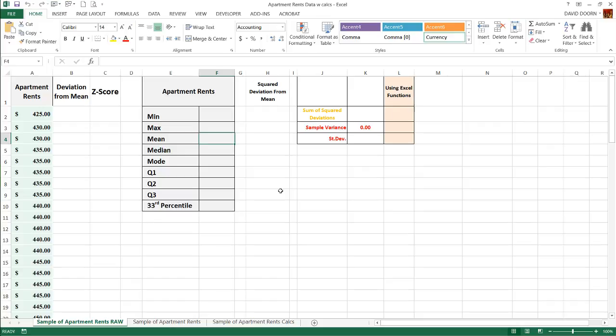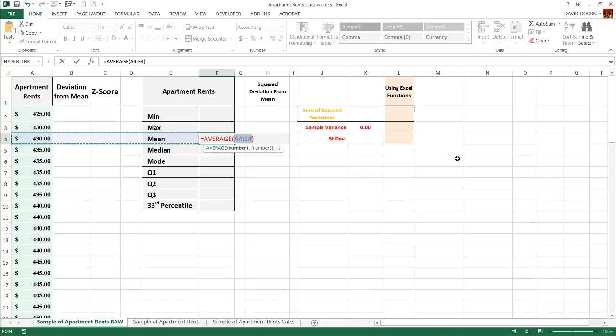So I already gave it to you. We know it's $490 and something, but let's calculate it. We already know how to do this. Well, I guess not. We did use the auto sum, but I showed you that the drop-down menu here has the average in it. Since the formula is essentially the same for population or sample data, we'll just use that.